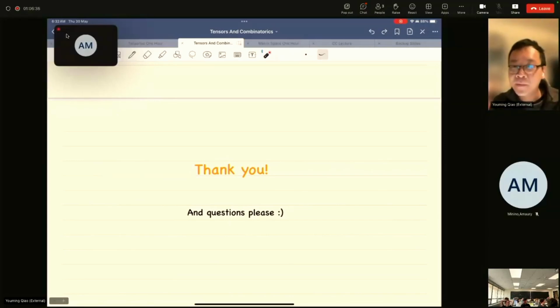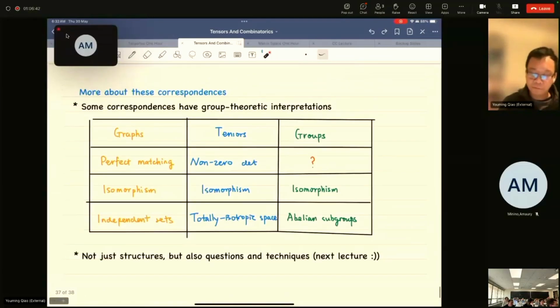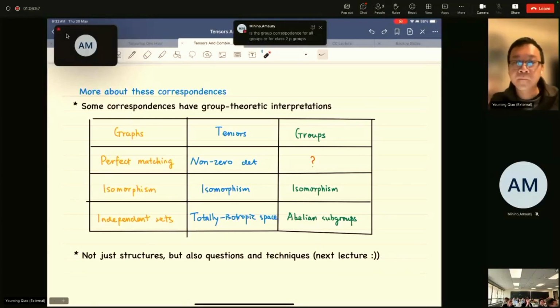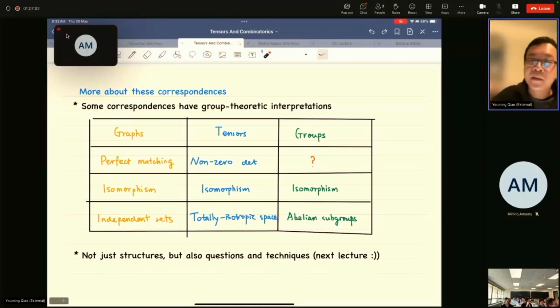The group correspondence at the end, is it for all groups or just for class 2 p-groups? Yes, that's a very good question.